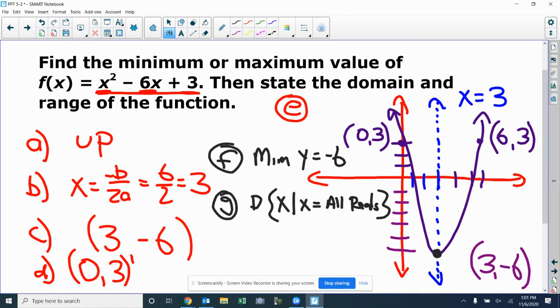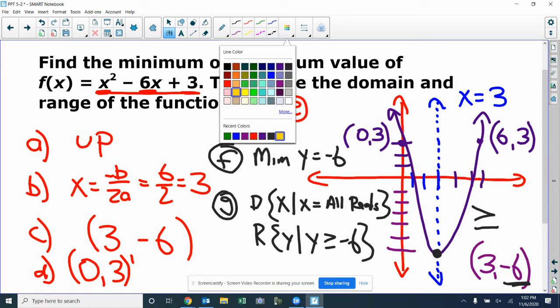You can write it like that, but make sure you're writing D, x such that. Range: y such that. y needs to be what? Opens up, needs to be greater than or equal to negative 6.